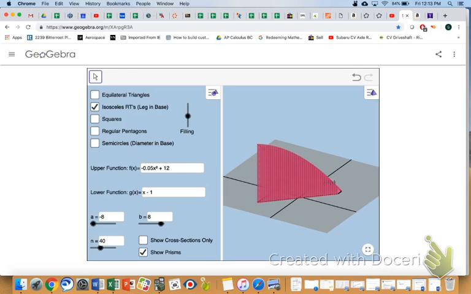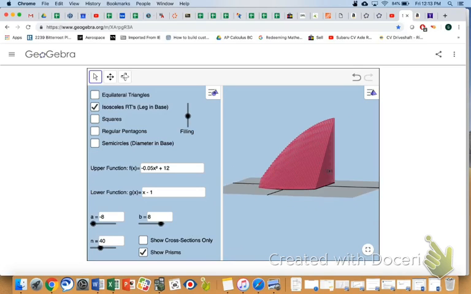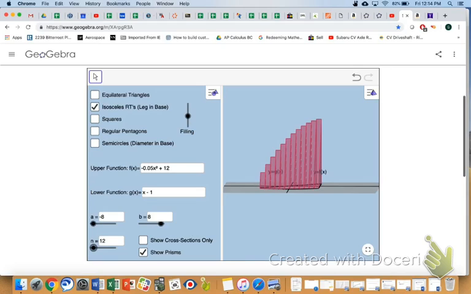Isosceles right triangles. This is where one side is vertical on the little cross sections. And again, all we're really doing is, instead of accumulating a bunch of washers or discs, we're accumulating these cross sections. If I take my n back from 40 to 12, you can see those cross sections a little more easily defined, right?